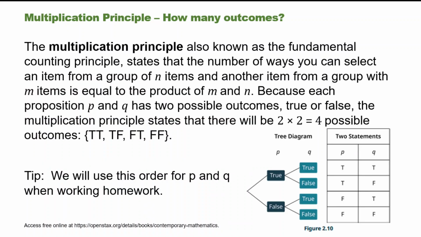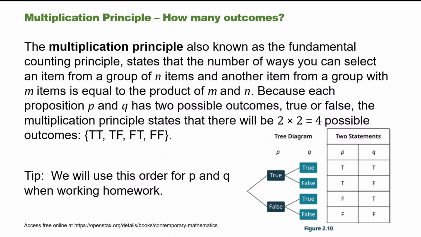Multiplication principle. How many outcomes? The multiplication principle is also known as the fundamental counting principle, and it states that the number of ways you can select an item from a group of n items and another item from a group with m items is equal to the product of m and n.